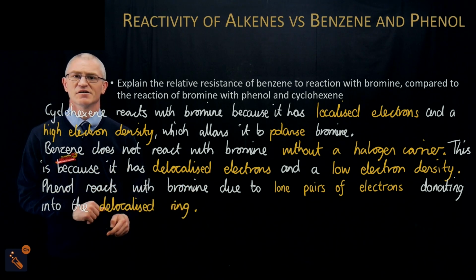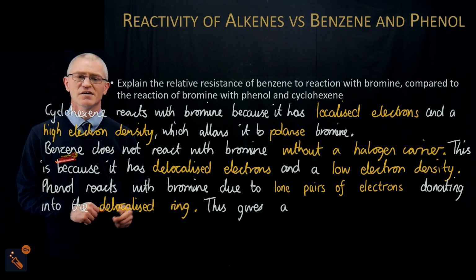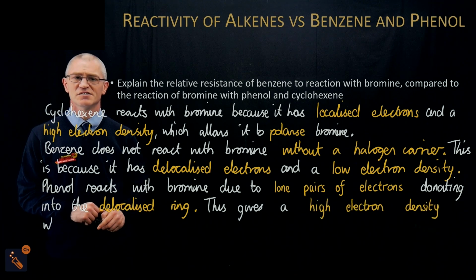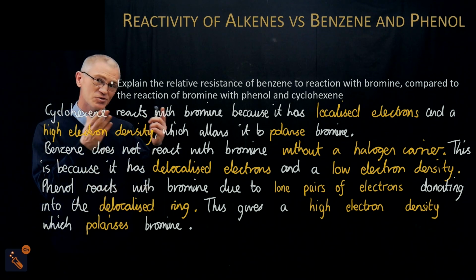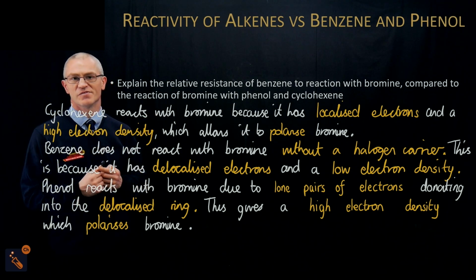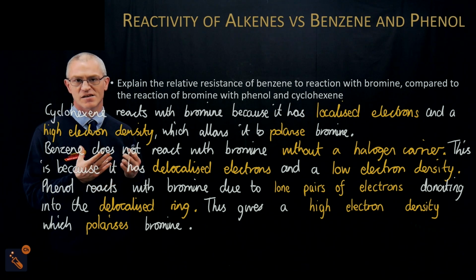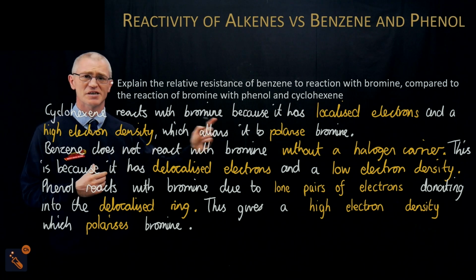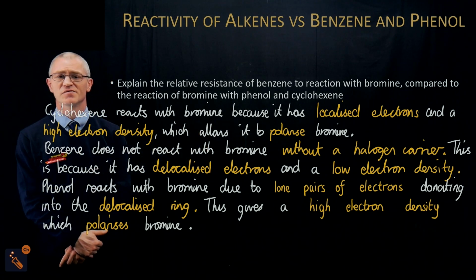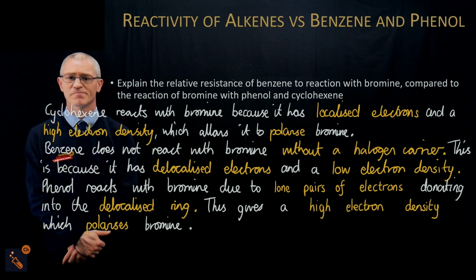So we're saying it's delocalized, and that gives a high electron density, which polarizes bromine. So here is how you would put it in the form of a question and the question's answer. And all we're doing is picking those 3 points and going over those 3 points again.